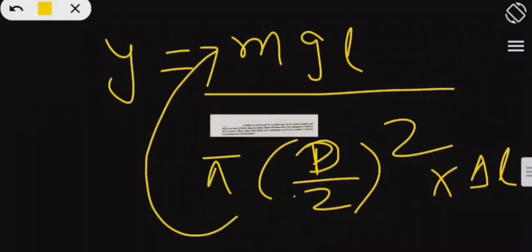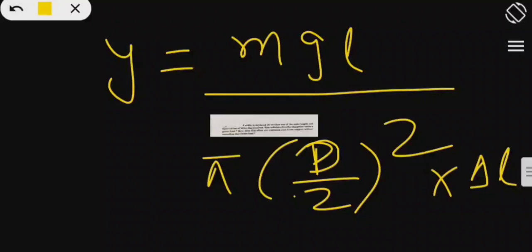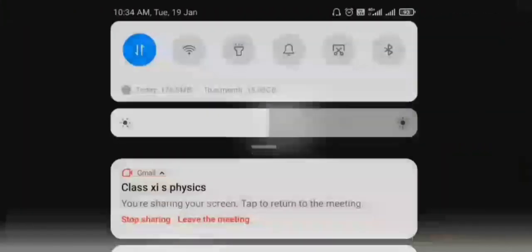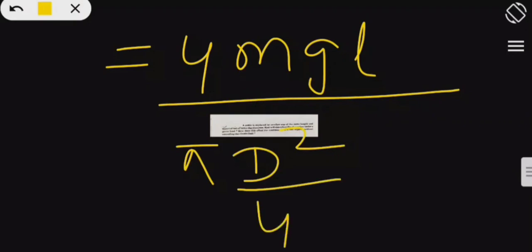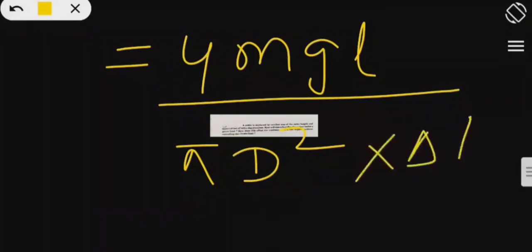This 4 will go to the numerator side and will be multiplied with this one. I think all of you wrote. Let me rub it. Now this will become 4 mgl whole divided by pi d square into delta L. This is the main equation.